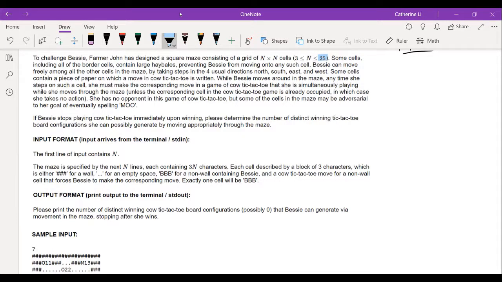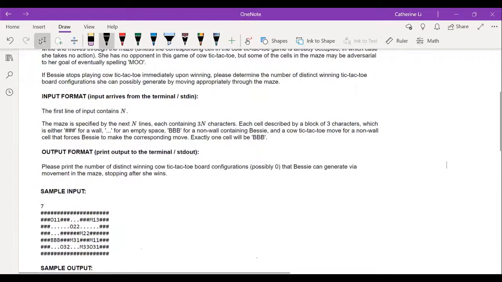And we have these hay bales that block Bessie from going onto certain cells, so she can only move through cells that look like this, but not like these ones.